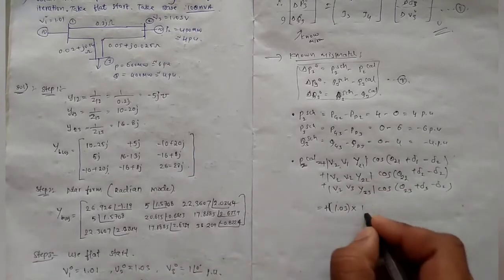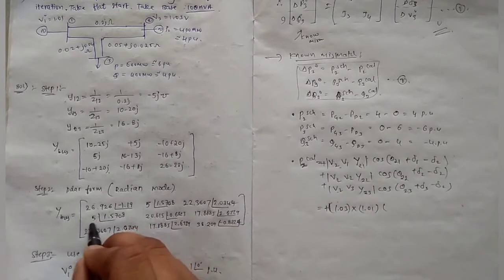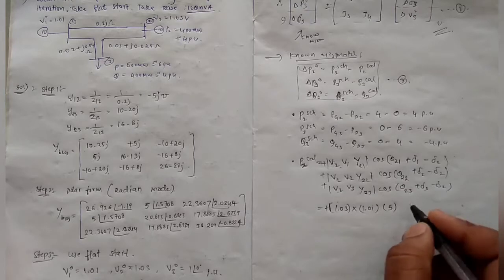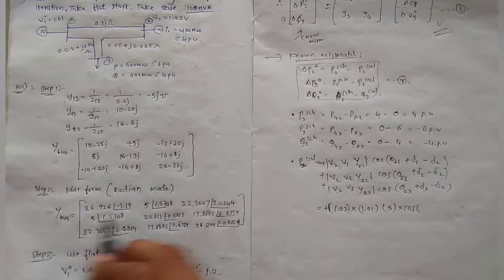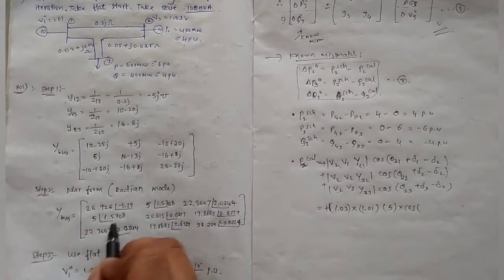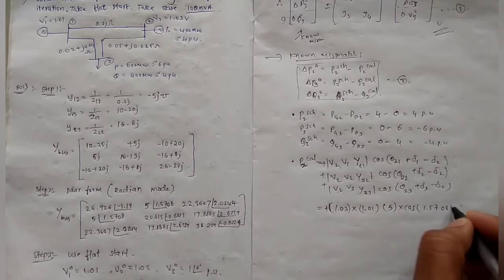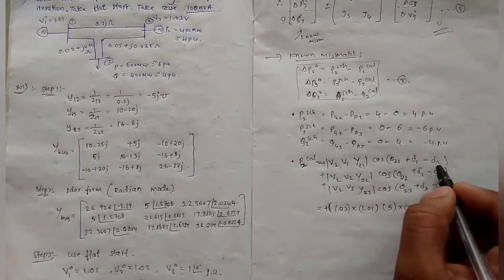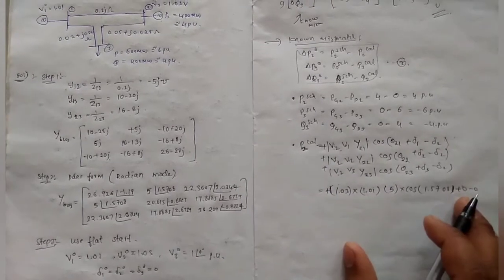For V1 we have 1.01, angle close, and Y21 means 5, only 5, into cos of theta 21. Theta 21 means we consider the magnitude of Y21 only, and this angle is theta 21, that is 1.708. Now plus 0 minus 0, because initially we started with the flat start, here it is flat start 0 0, therefore 0 0.